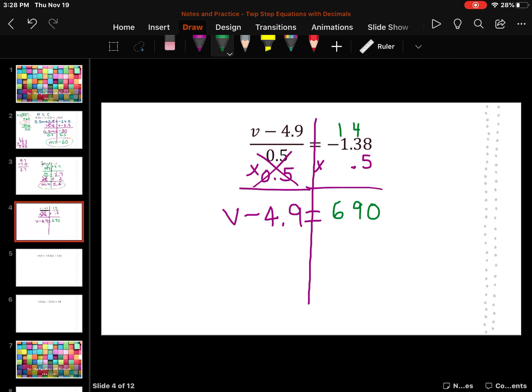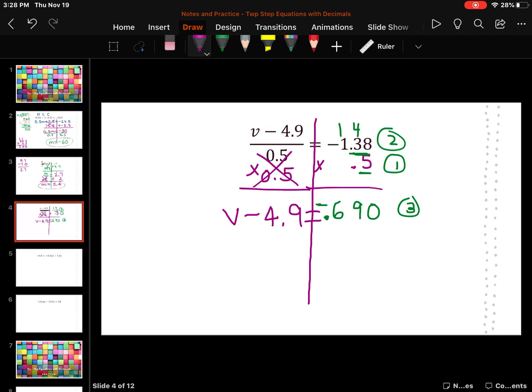There are 2 decimals in my first number, 1 decimal in my second number, so I need 3 numbers after my decimal in my answer. Also be careful, it was a negative 1.38 times a positive 0.5, so this should be a negative 0.69.